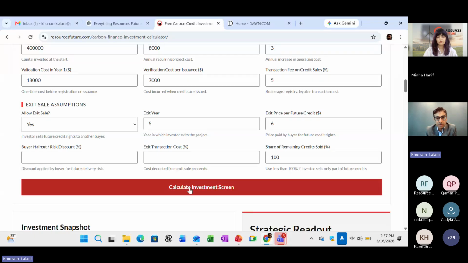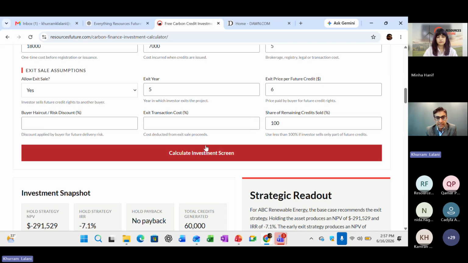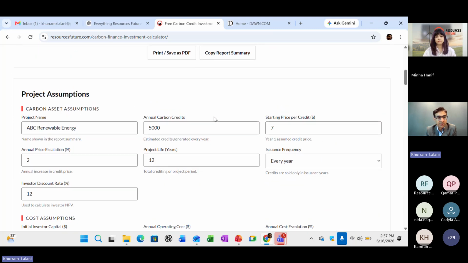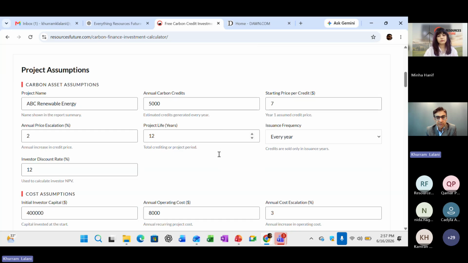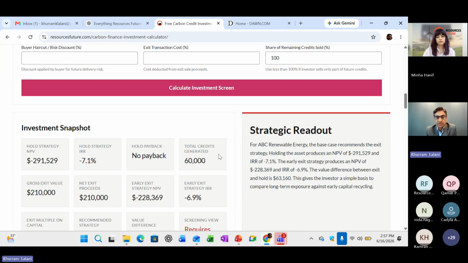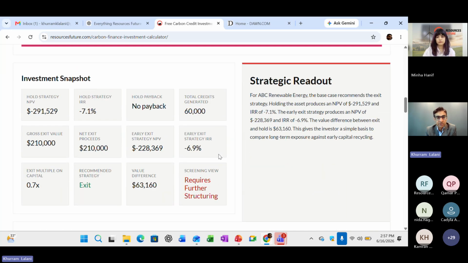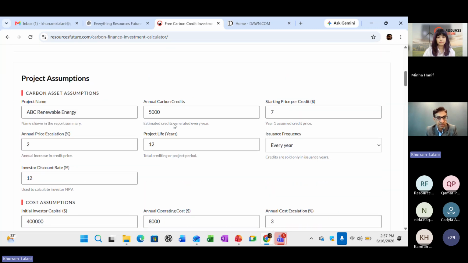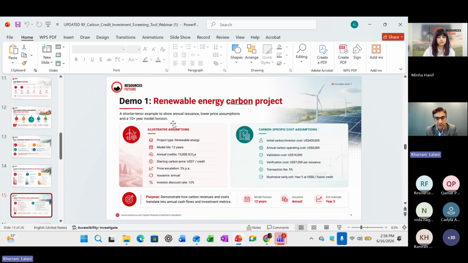If I hit calculate investment screen, my project name was ABC Renewable Energy. And if everyone has inputted the same numbers, you would see that the whole strategy NPV is around negative 2,91,529. I hope I've taken all the right numbers and the right assumptions.